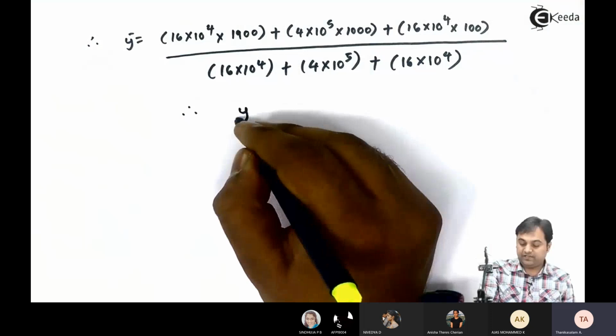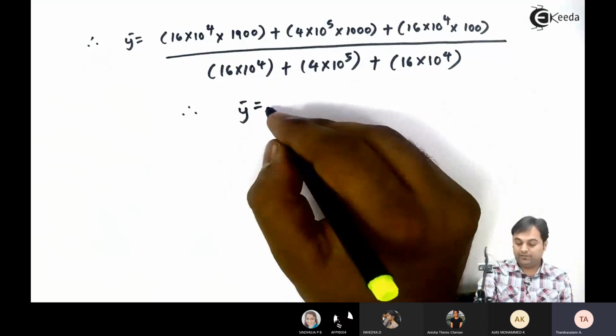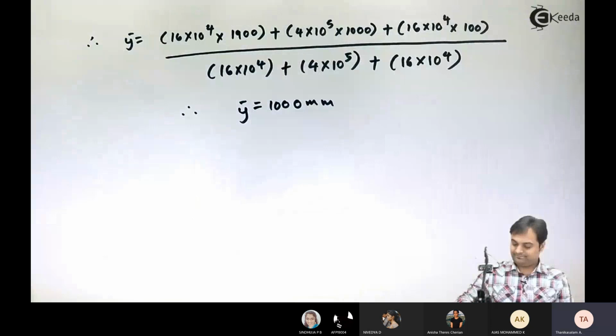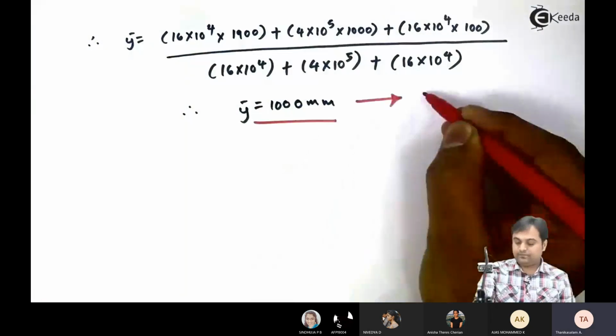So from this, if I calculate, y bar value comes out to be 1000 mm. This is the second answer.